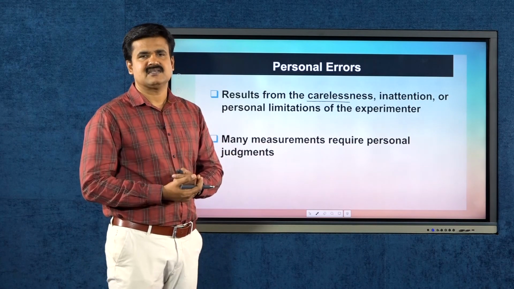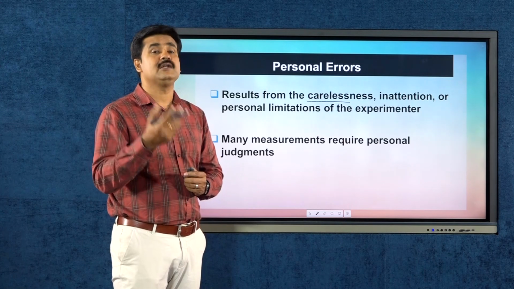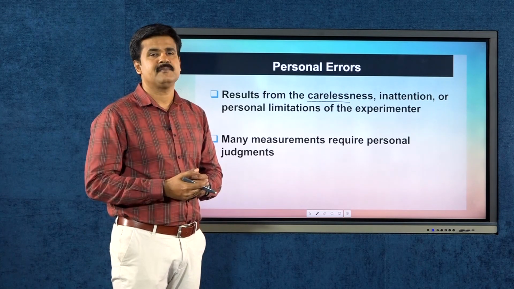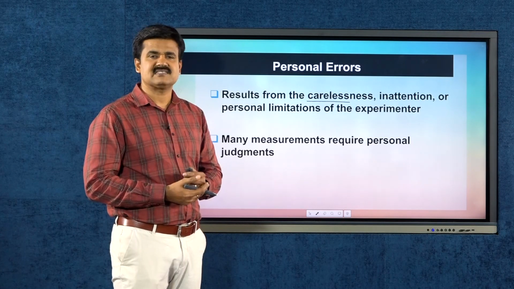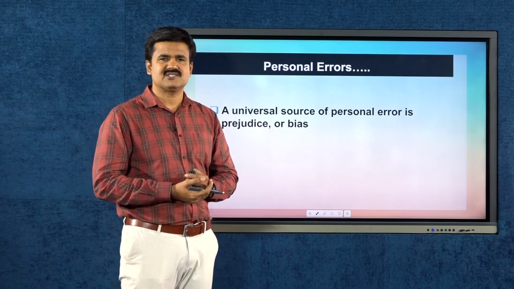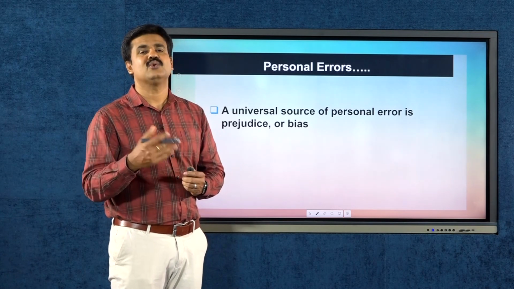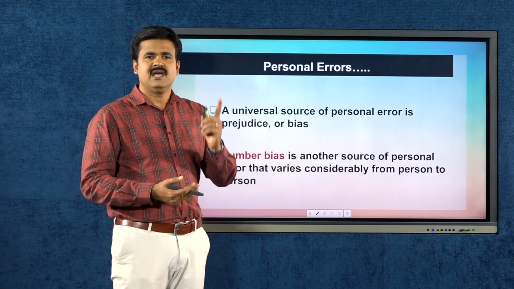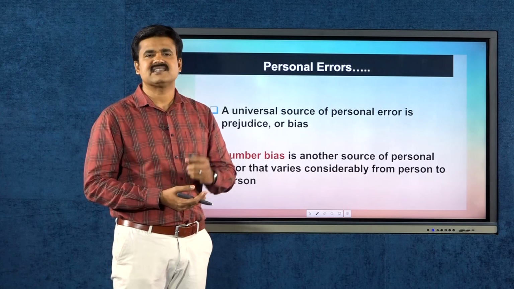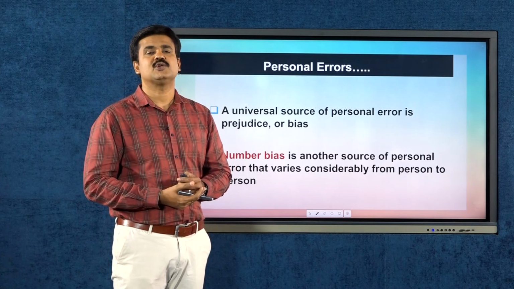Many measurements require personal judgments. If we fail to judge a particular measurement properly, then it may lead to personal errors. A universal source of personal error is prejudice or bias. Number bias is another source of personal error that varies considerably from person to person.